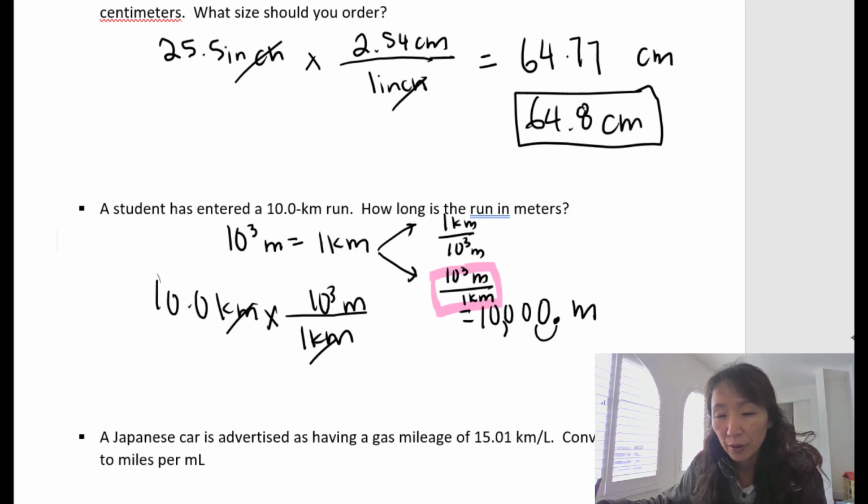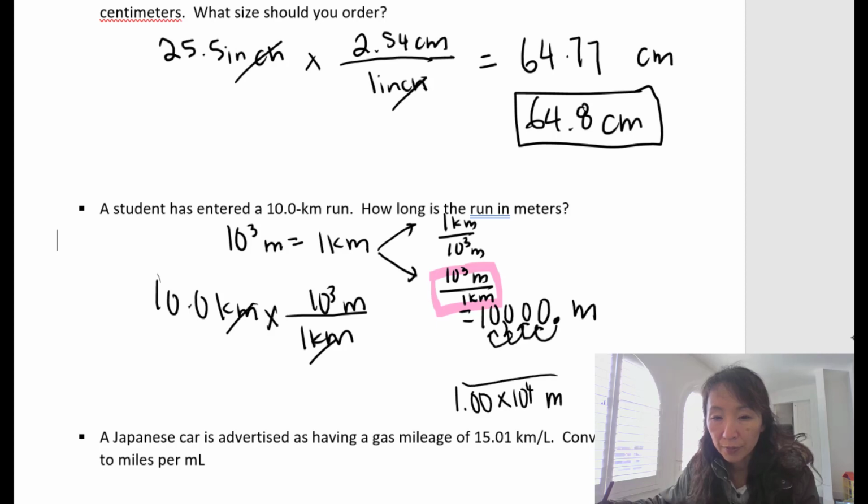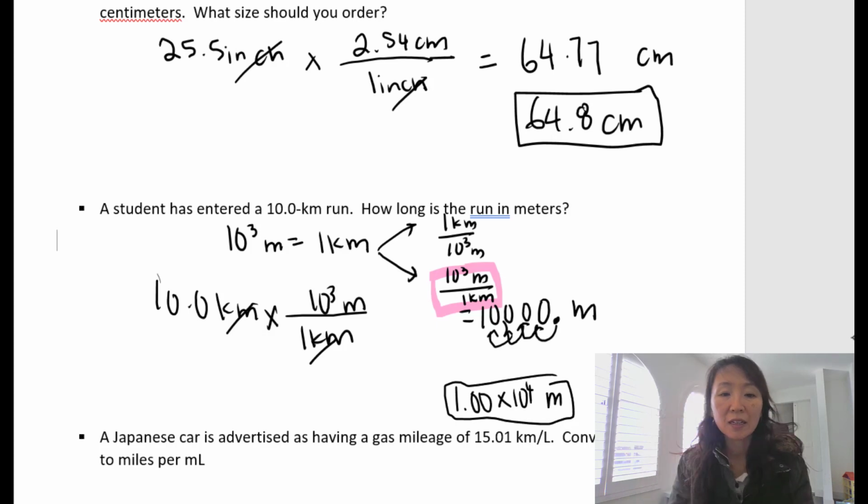And we're going to jump 1, 2, 3, and 4. So this is 1.00 times 10 to the 4th meters. So 10 kilometers is equal to 1.00 times 10 to the 4th meters, right?